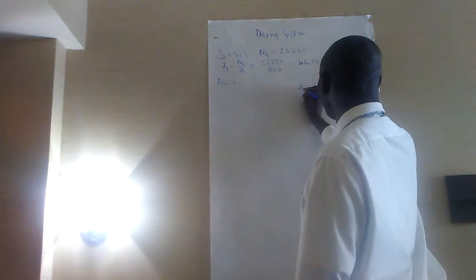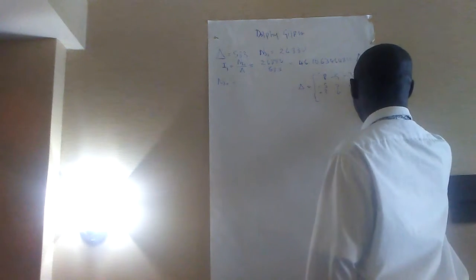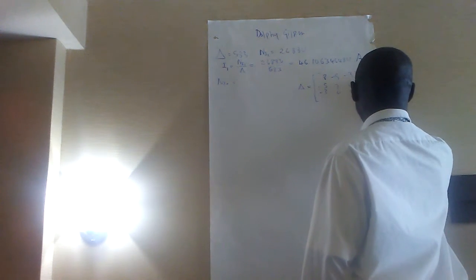So its delta was equal to that, and this came out to be 26,880.